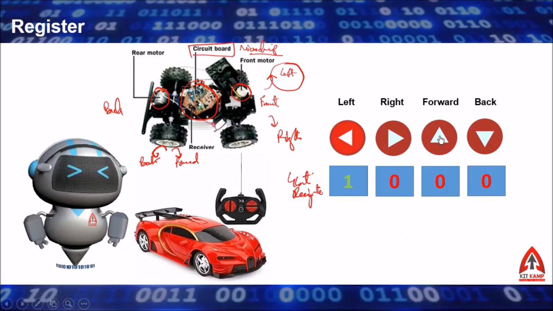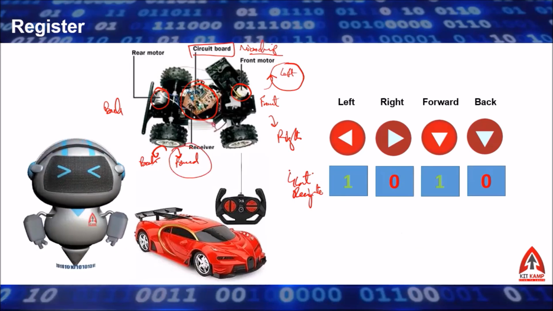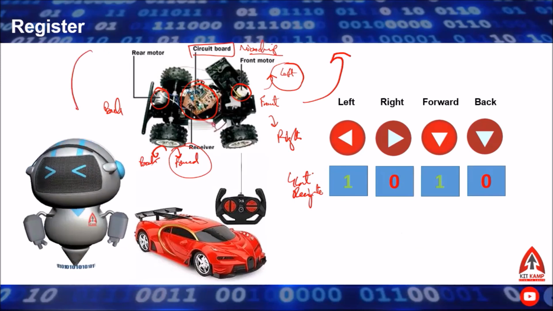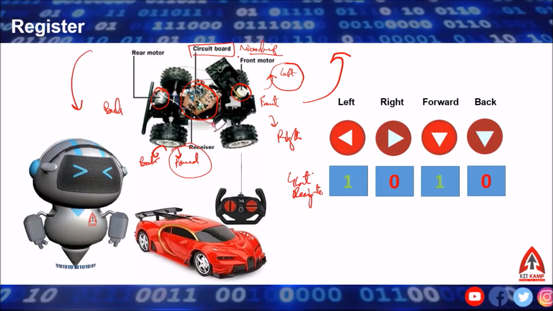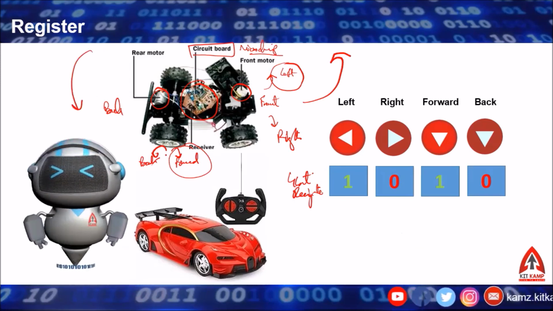If I press this button forward, it is moving towards left and it is also moving forward. So my car is going left and forward, and it will rotate in an anti-clockwise movement.